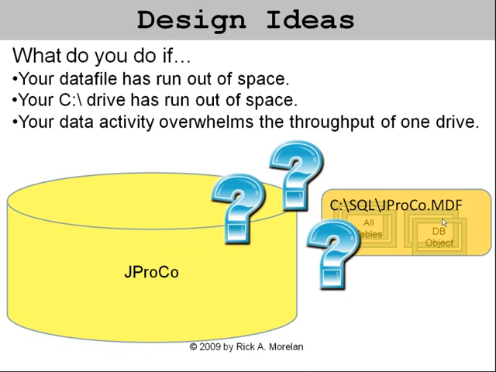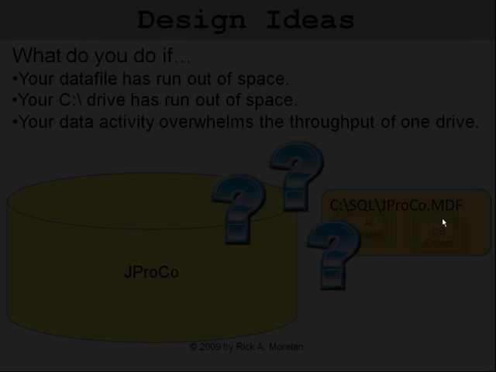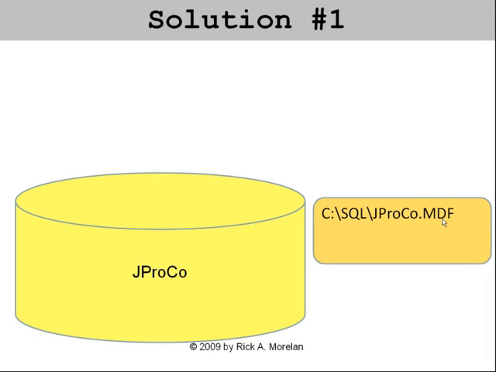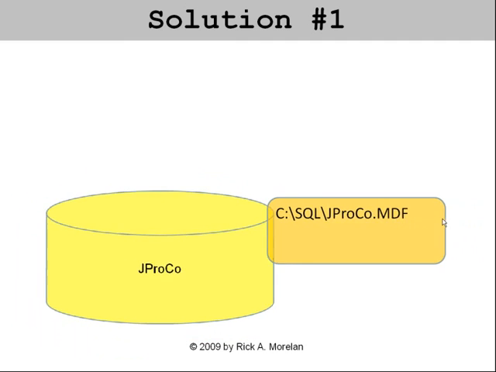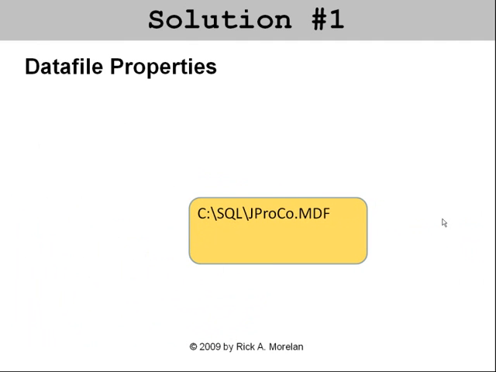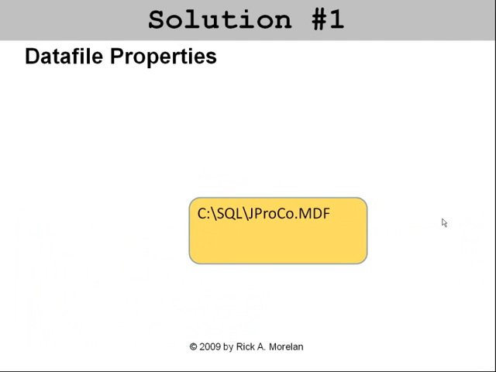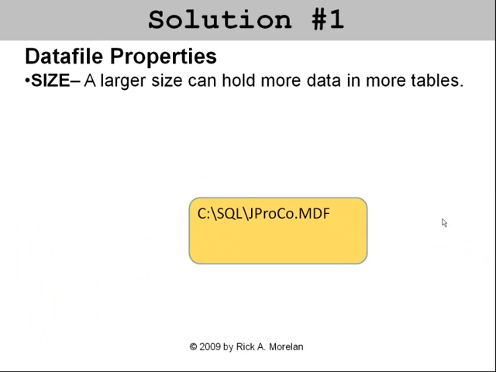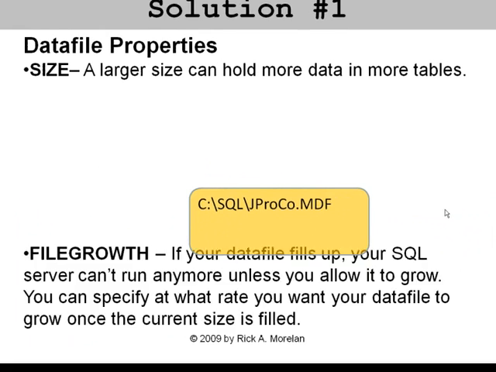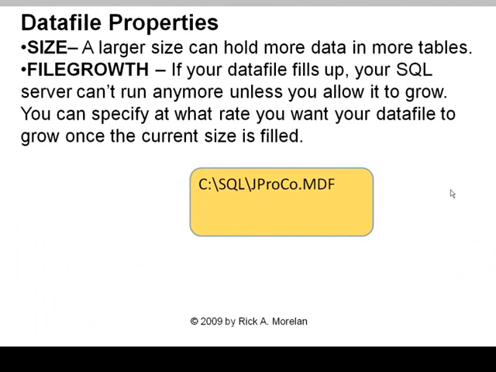So for these problems, there's a number of well-known and tested solutions. Solution number 1 comes from the problem of your data file just wasn't big enough. Well, there's data file properties, like the size. A larger size data file can hold more tables or data in those tables. And you can also set the file growth.